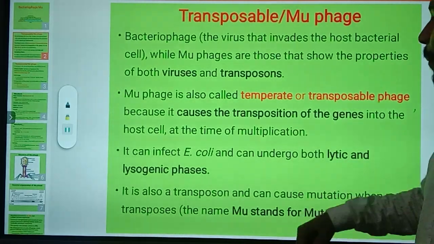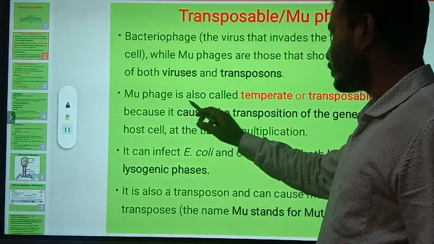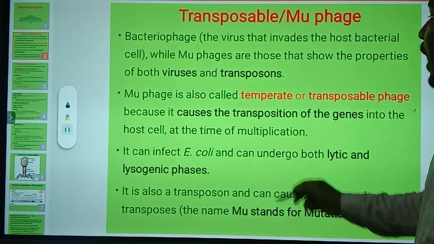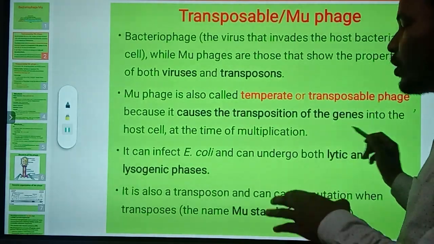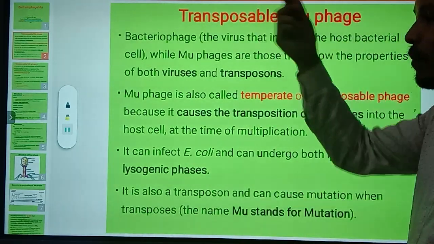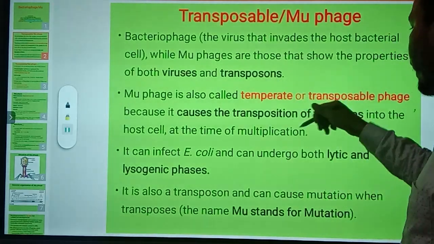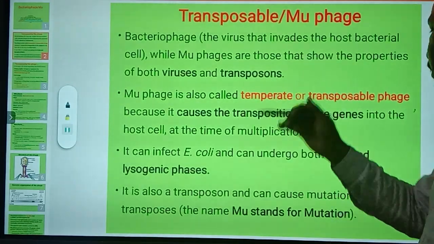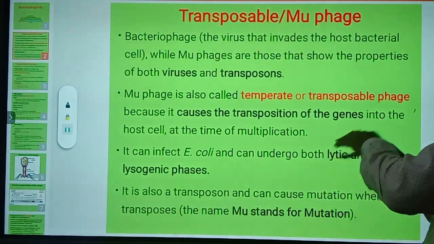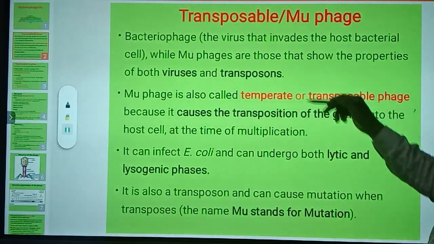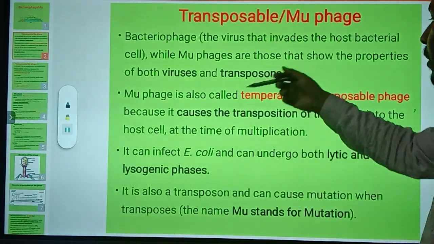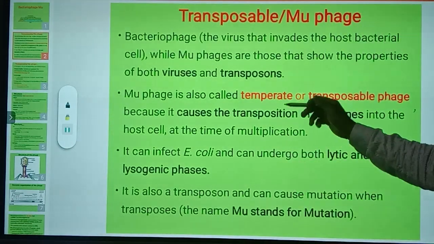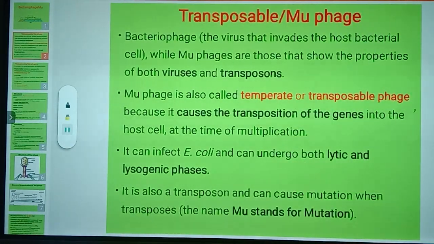These mu phages infect the host and cause transposition of the genes. That means they move genes from one place to another, shifting genetic content of the host's DNA at the time of multiplication, right? And this happens when there is multiplication in the host.